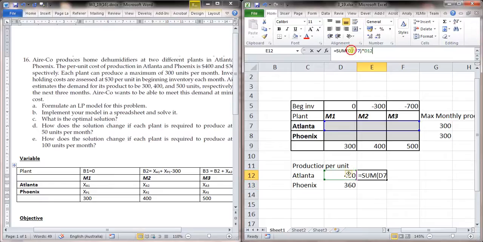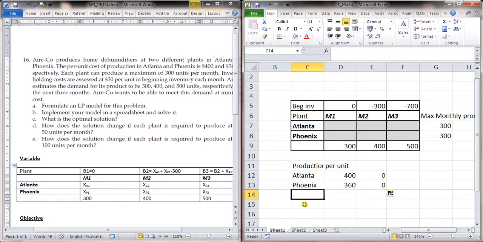We'll have to keep the column same but the row different. So drag the formula, see the same thing, good.